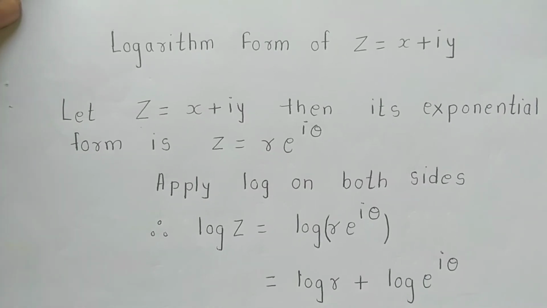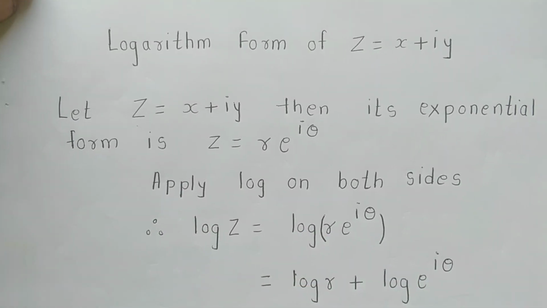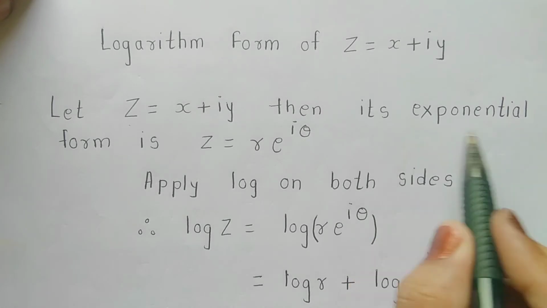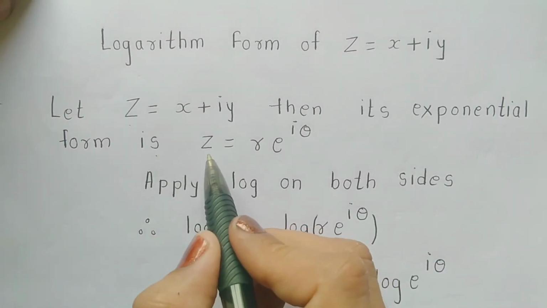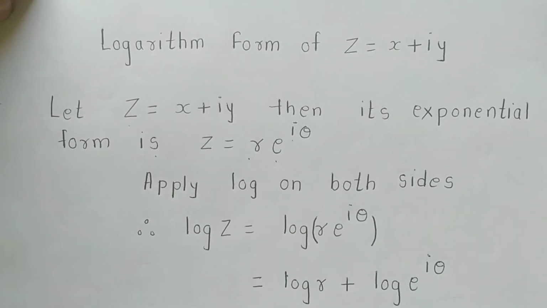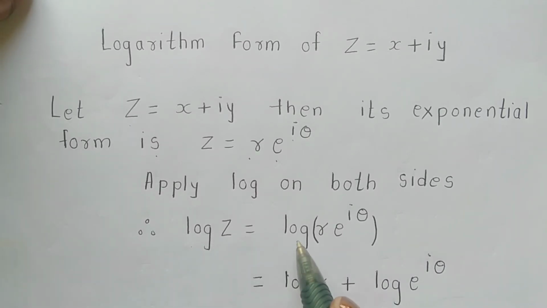Now we will see the logarithmic form of the complex number. All of you know that if z is equal to x plus iy is a complex number, then its exponential form is z is equal to r e raised to i theta. Now we apply log on both sides. So we get log of z is equal to log of r e raised to i theta.